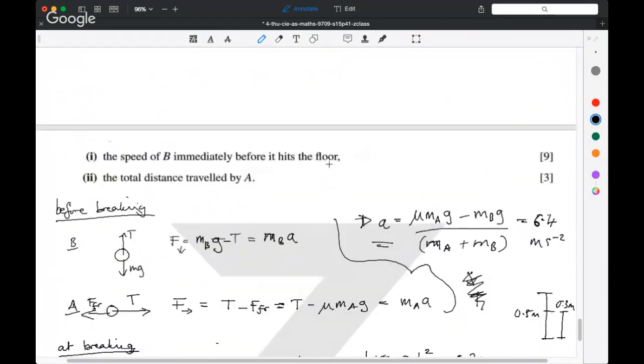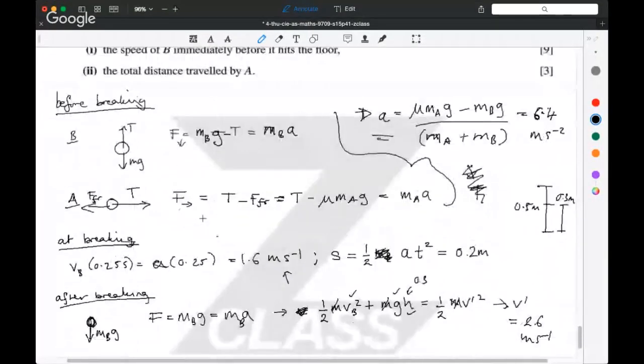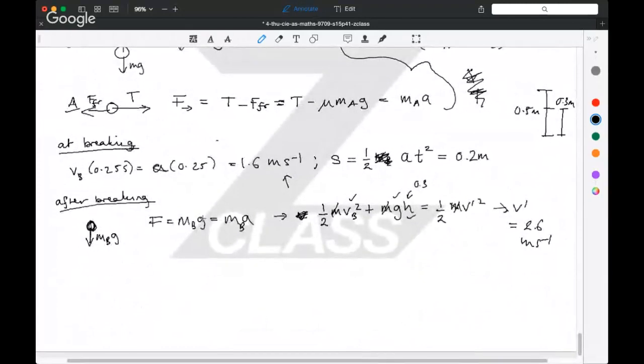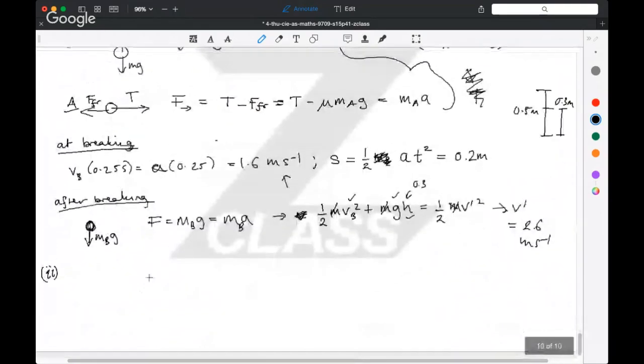So that was most of the question. The very last piece: we have to find the total distance traveled by A. Again, this is just a conservation of energy equation. In this case, there's no change in potential energy of A. There's a change in kinetic energy. We're told in the question that A does not reach the pulley in the subsequent motion. That means it slows down, loses all its kinetic energy, and stops at some point. Where is this kinetic energy going? It must be going to friction.